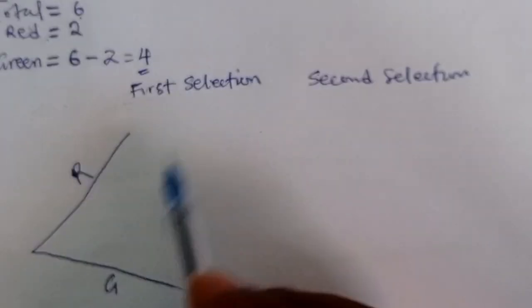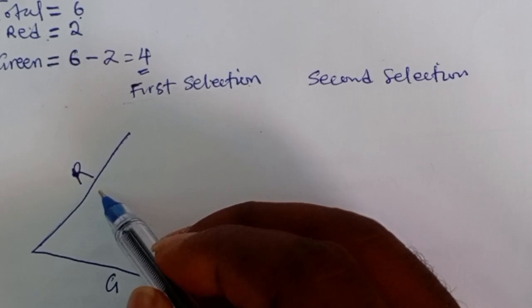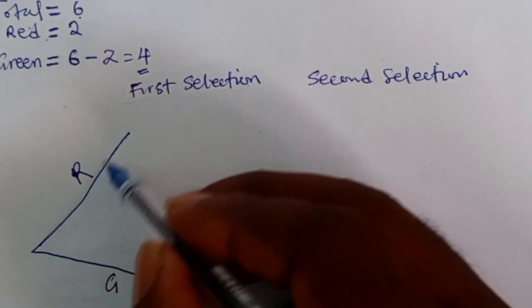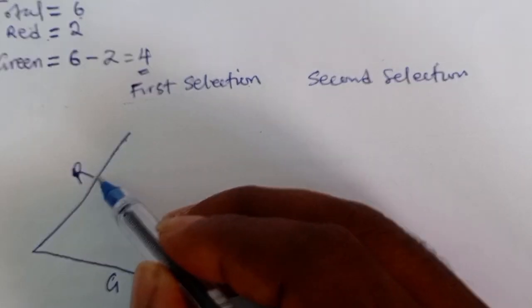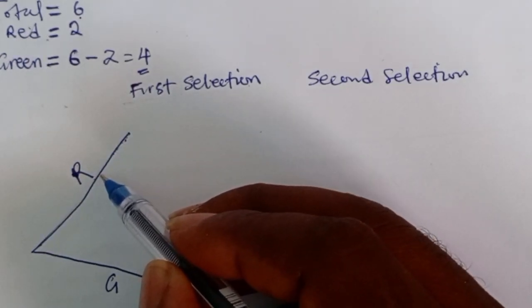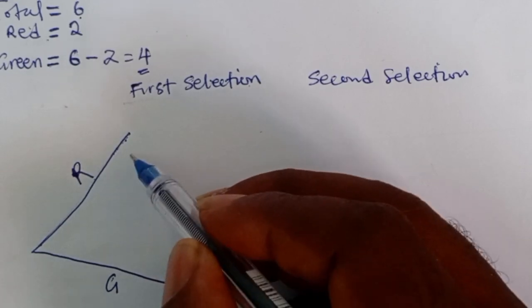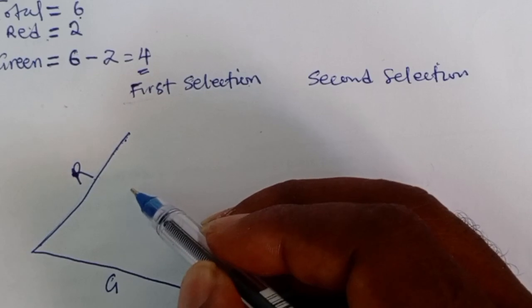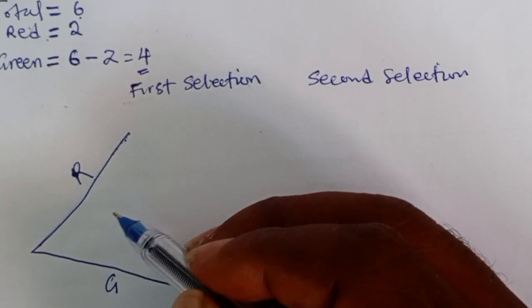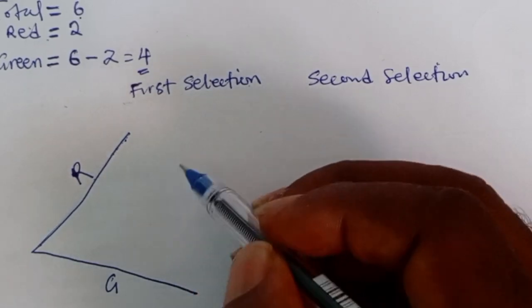On the first selection, suppose a red bead was picked. So what is the probability of picking a red bead? Probability of picking a red bead is equal to number of successful outcomes divided by total number of possible outcomes.